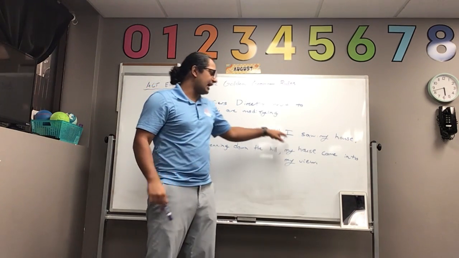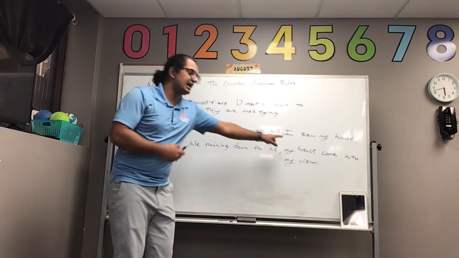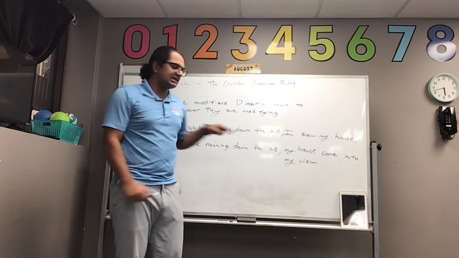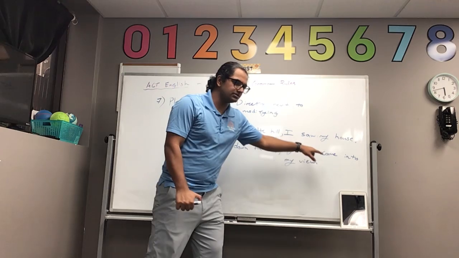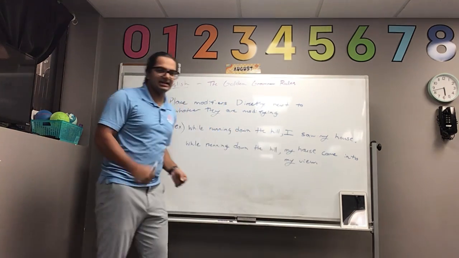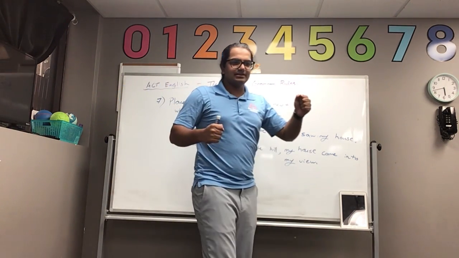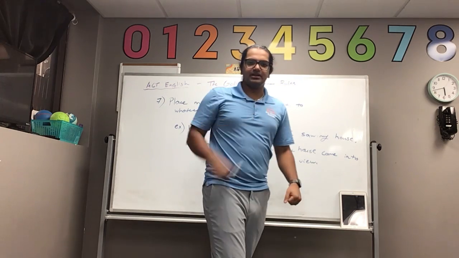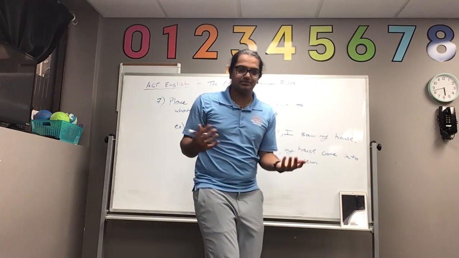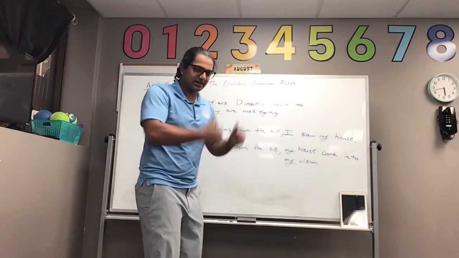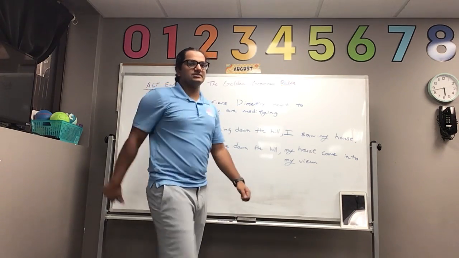"While running down the hill," okay, so that means I was running down the hill. In this case, "while running down the hill, my house," so this one's actually saying the house is running down the hill, and then you see it from the bottom of the hill. That's not what you're saying, right? You mean to say that I was running down the hill, and then I saw the house.